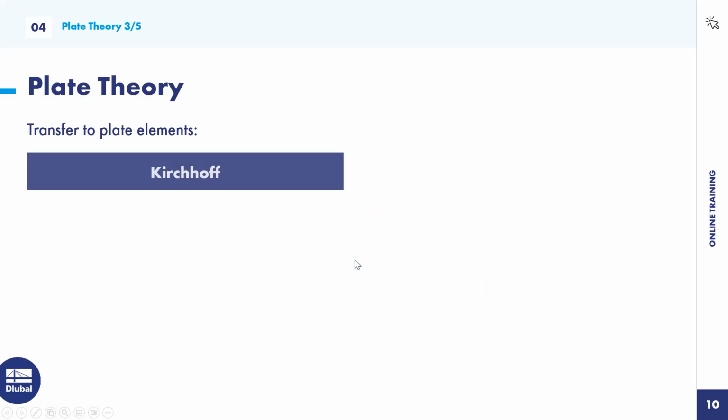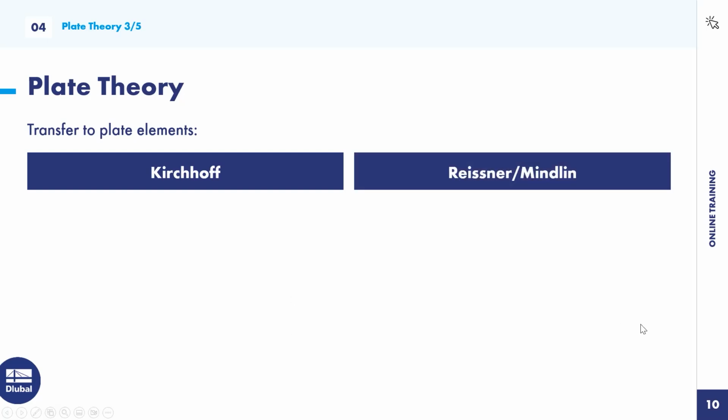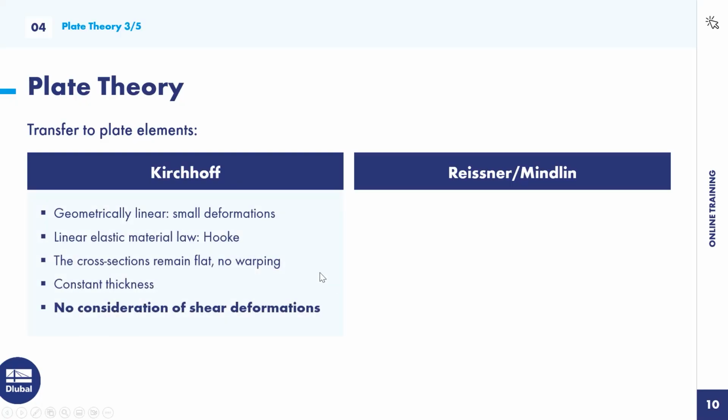Okay, let's adapt this to our plate theories. There's just different naming and a bit more, but mainly it's different naming. We have the Kirchhoff plate theory, and we have the Reissner-Mindlin plate theory. The Kirchhoff plate theory is more equal to the Bernoulli beam.